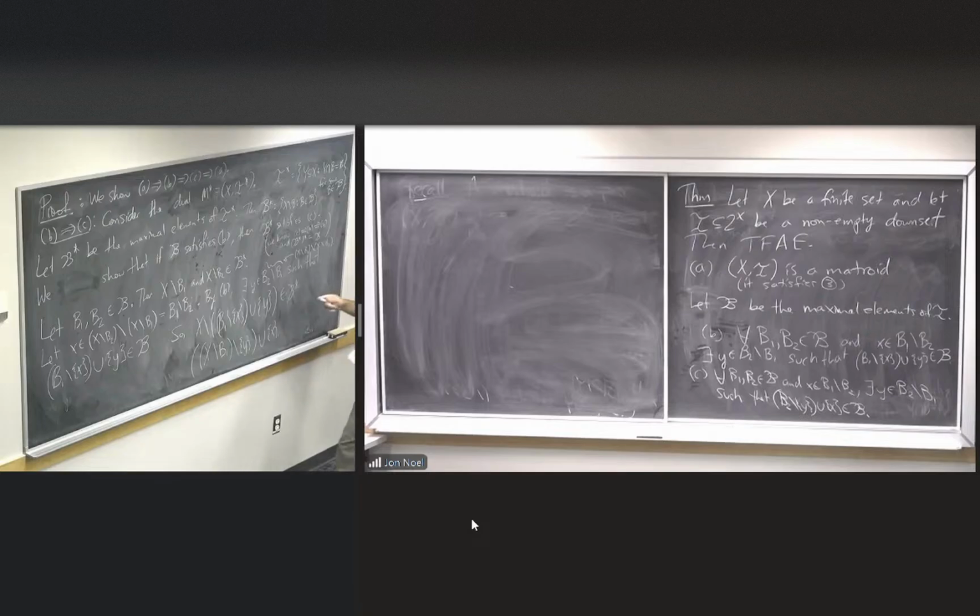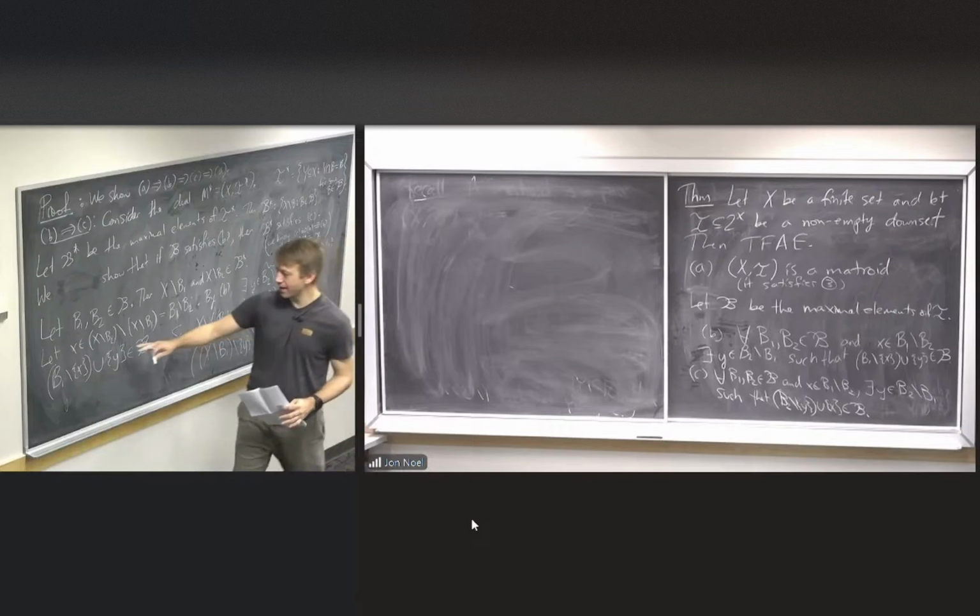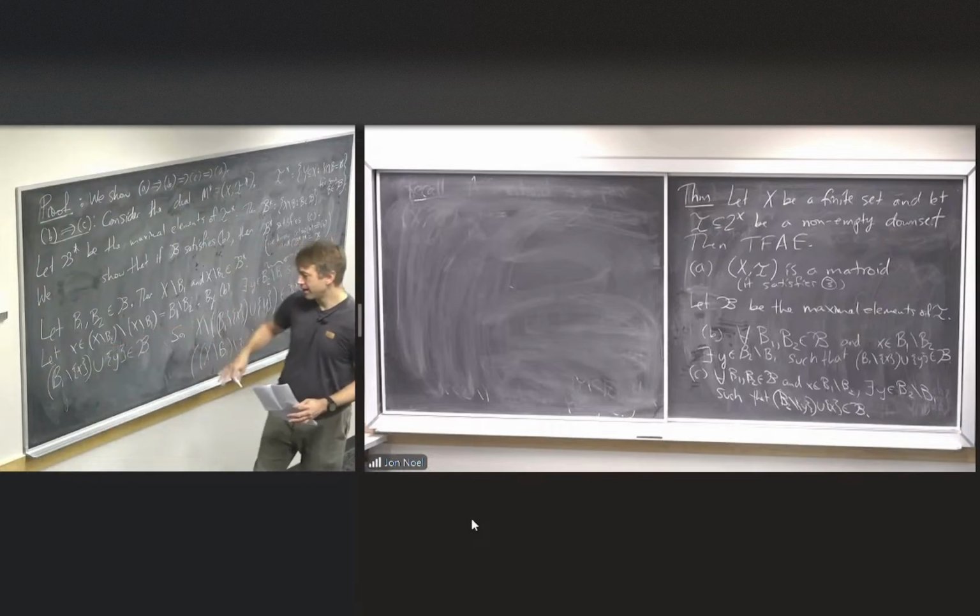So I started with something in B2 minus B1, and I found something in X minus B1 minus X minus B2 with the property that if I take this thing, this will be in B star. I think there's some weird thing about which one's my first set and which one's my second set, but I think this is the right way around.